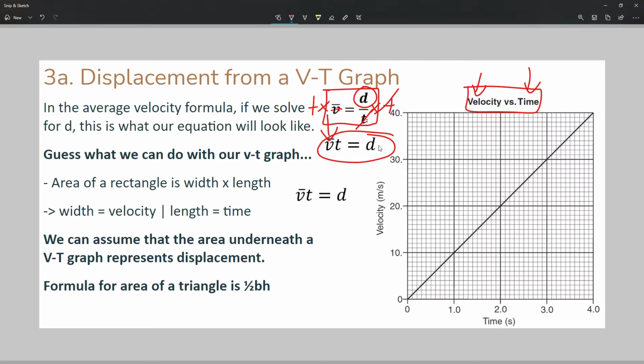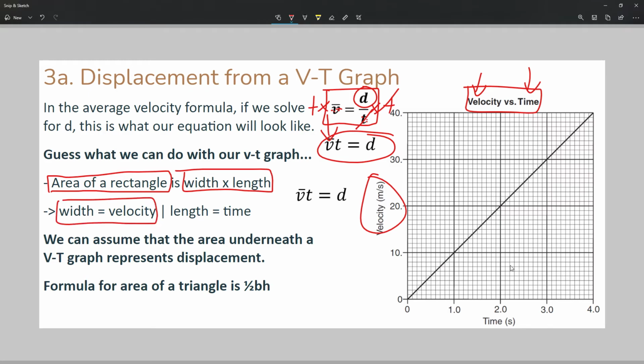So in a velocity time graph, we can figure out what our distance or displacement is. How do we do that? We just find the area between the line and the axis. Remember, the area of a rectangle is width times length. The width of this graph is your y-axis, which is velocity, and your length is your x-axis, which is time.